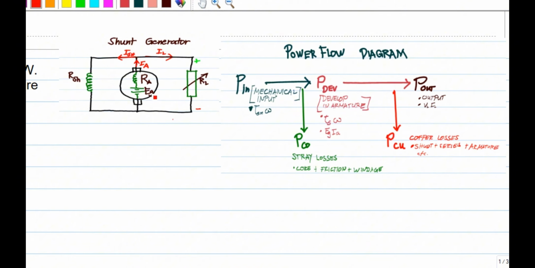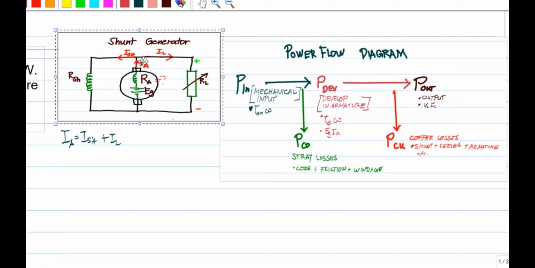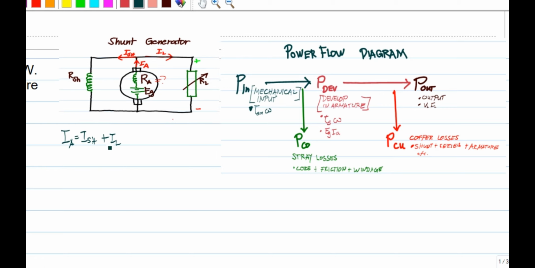In the equation we are going to find the RA, where the output current is 100 amperes. We are going to find the IA, which is equal to ISH plus IL from this node here. So IL is equal to 100 amperes, which is given.